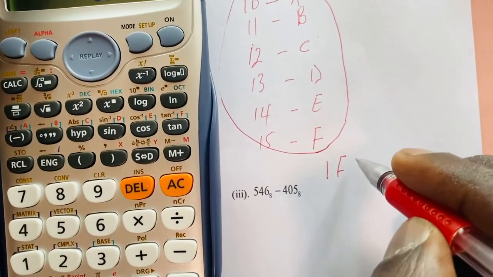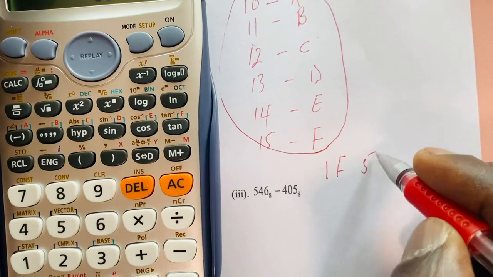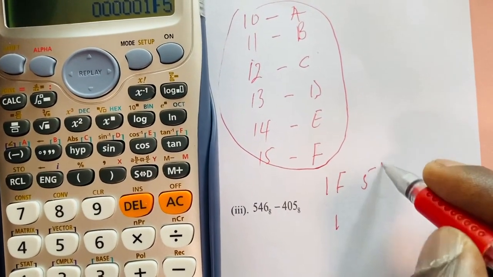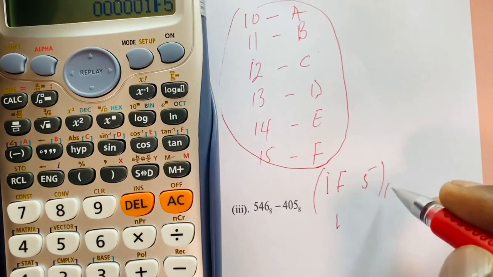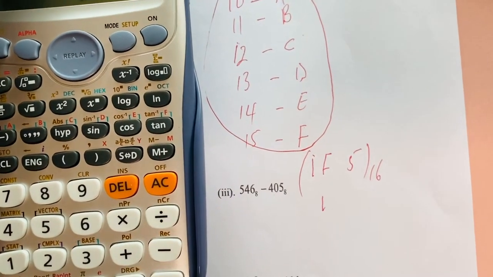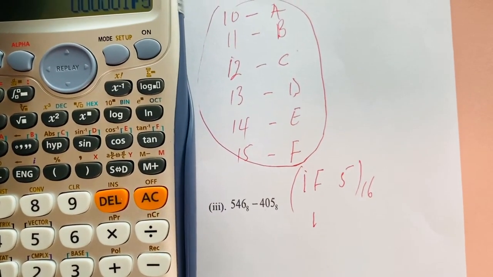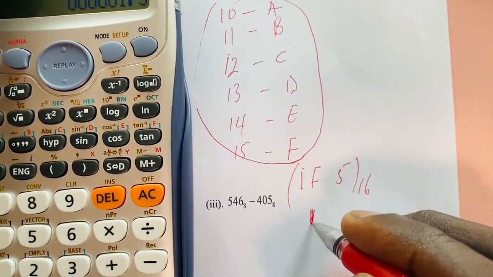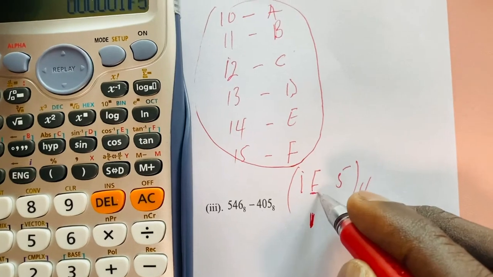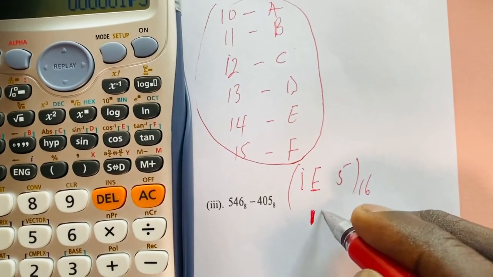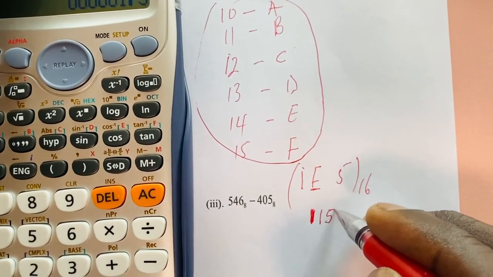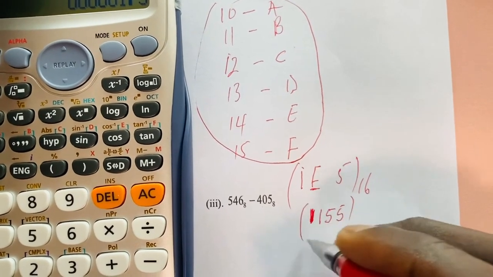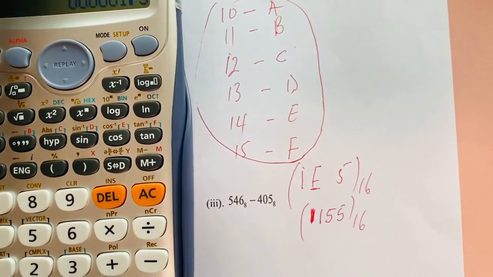And so the value that we have for the right answer here is 1F5. So this is base 16, 1F5 base 16. Now we can write it this way, as the F is 15, so 1, 15, 5, base 16.